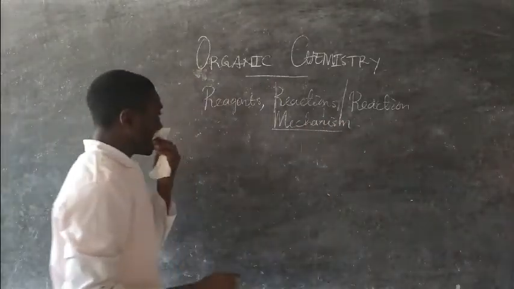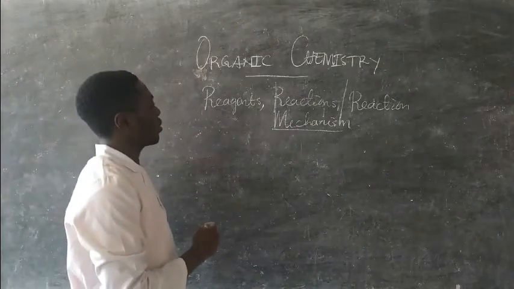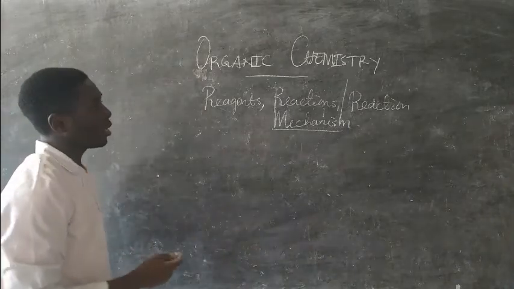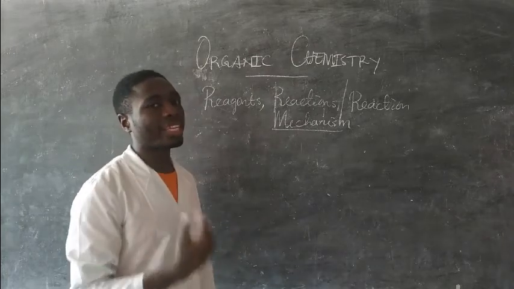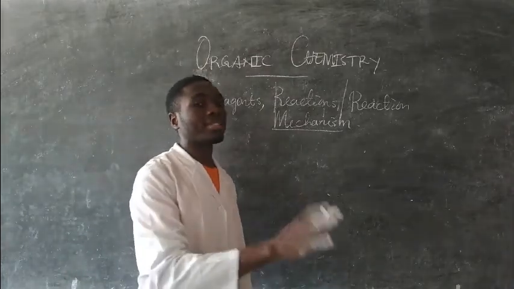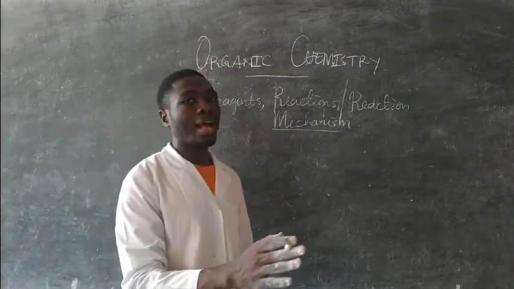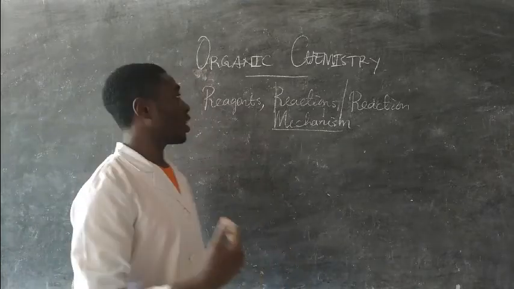Okay, so for the reagents. During a chemical reaction, there is a species that undergoes an attack, and then there is an attacking species. What undergoes the attack is called the substrate, and the attacking agent is called the reagent.